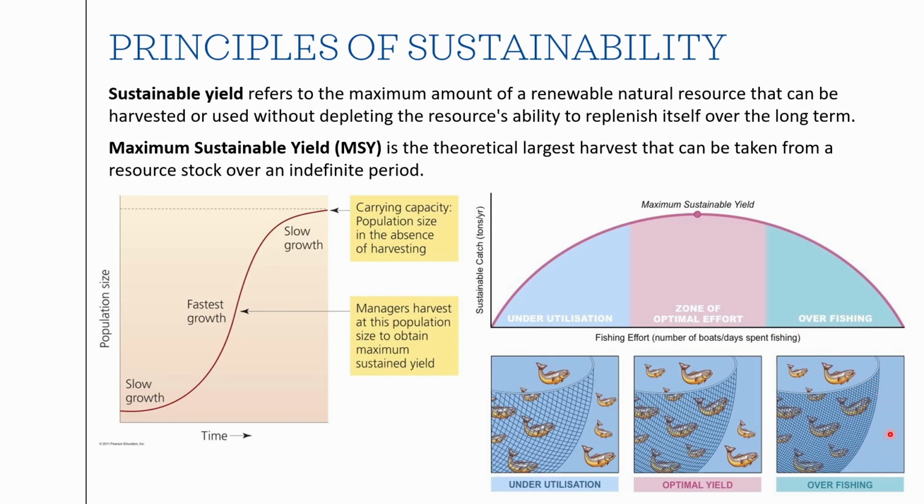We're taking too many, and the population in the future will crash because we've harvested down to the point where the population is too slow to recover. The idea is to only harvest down to the point of fastest growth, sometimes also referred to as the full biotic potential of the population, where it can reproduce the fastest and recover the fastest.